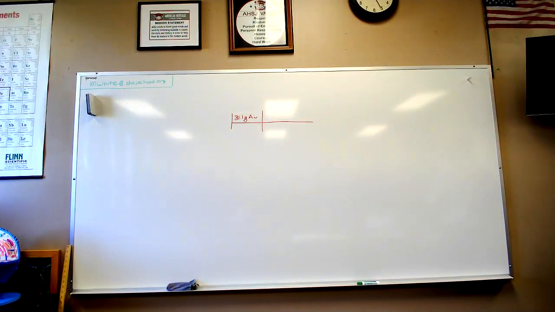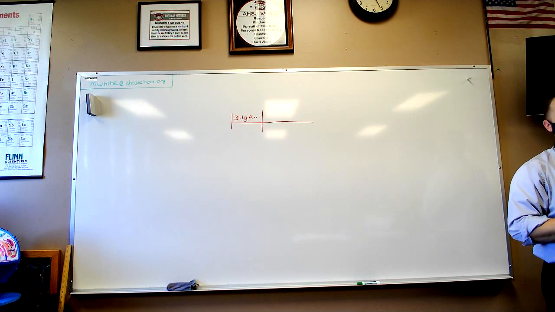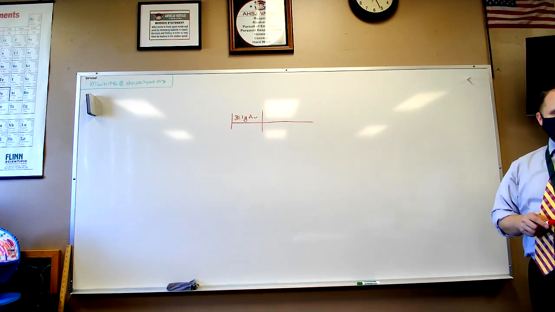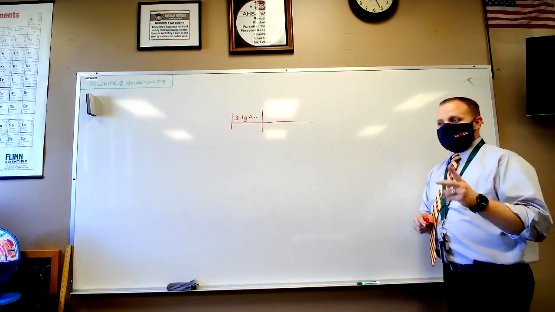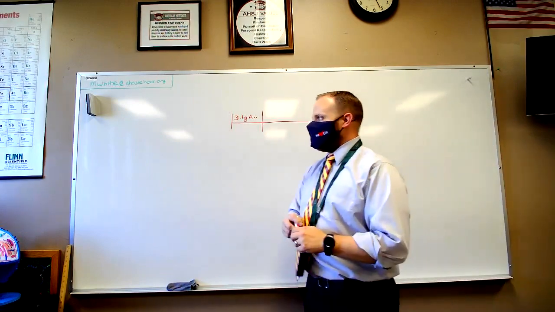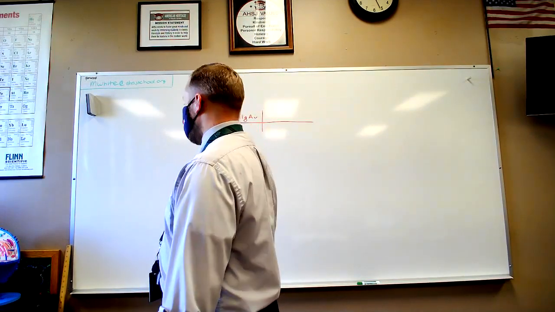Do we have any conversion factor that will go from grams to atoms in one step? No. So this is going to be a two-step solution. We're looking grams to moles to atoms, right? Yes. So the first thing, we need a conversion factor to go from grams to moles.